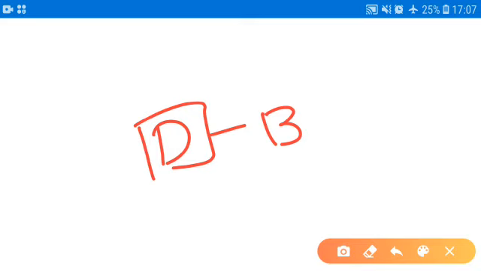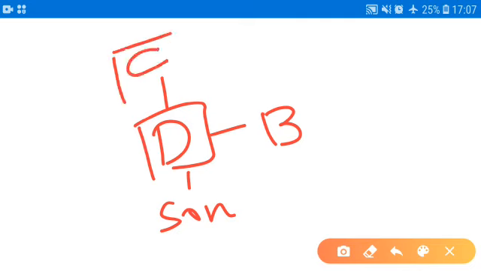Then how is B related to C? For that, the first statement is the son of D is a grandson of C, which means C is the father, or can be the mother, of D. Now the next statement is B is a sister of D. So here B is the sister.